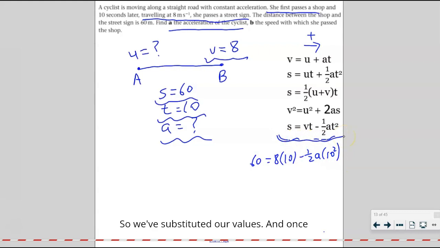Right, so we've substituted our values, and once you've done that, you need to rearrange to find a. So 60 equals 80. Now, 10 squared is 100. 100 times half is 50. So that would become 50a.